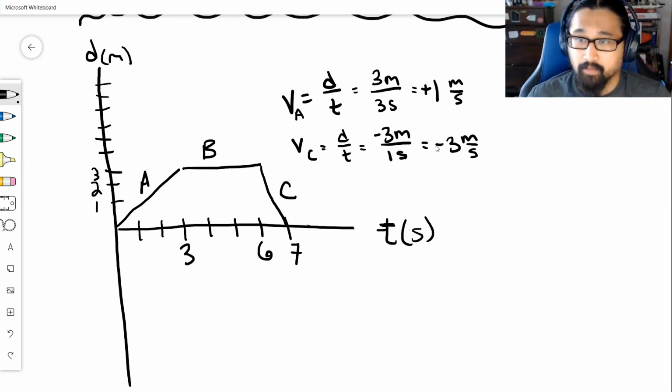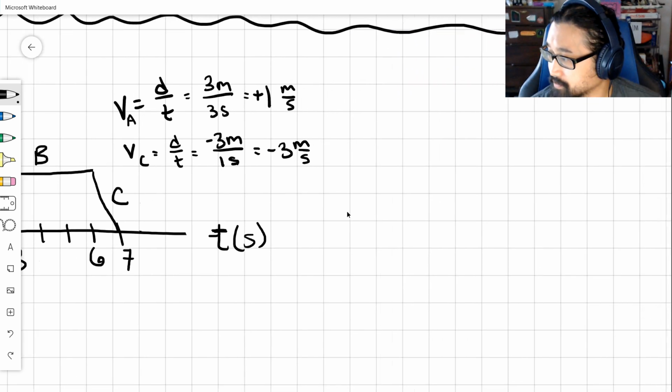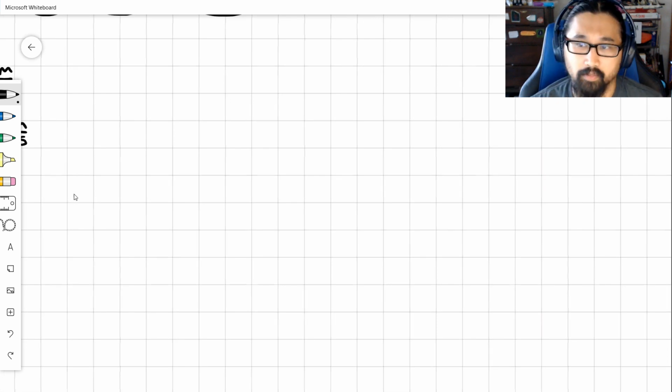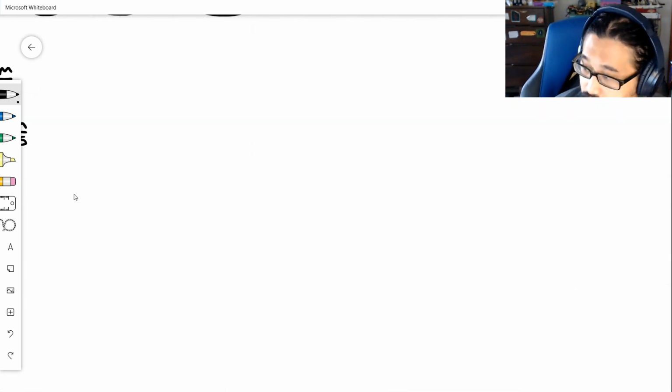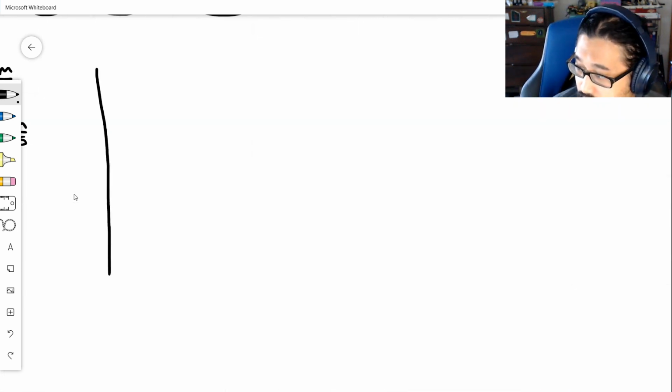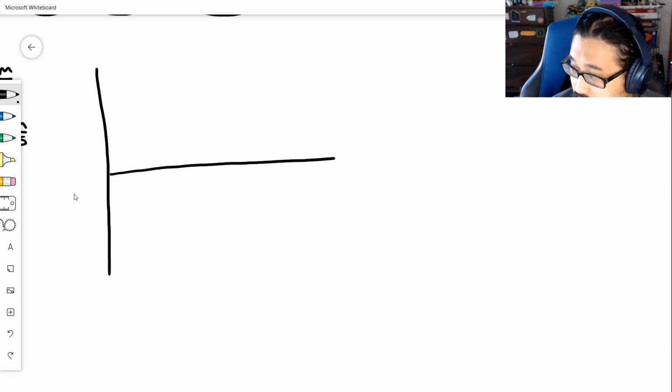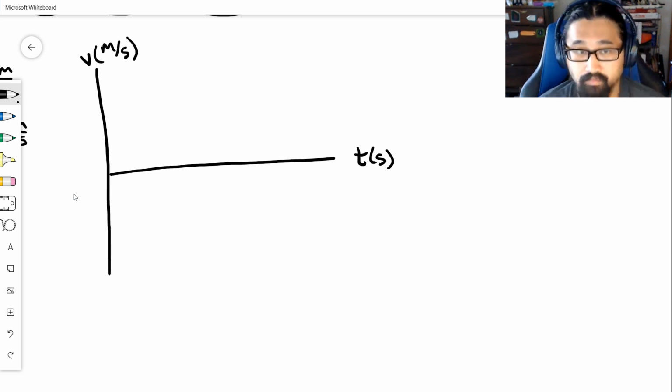There's another type of graph that you should know about. It's very similar. It's a velocity time graph.